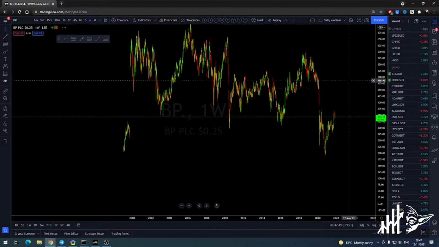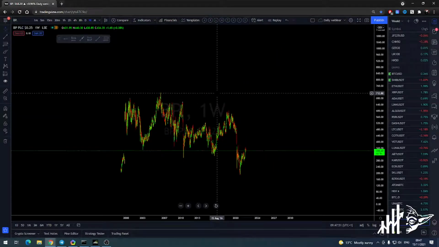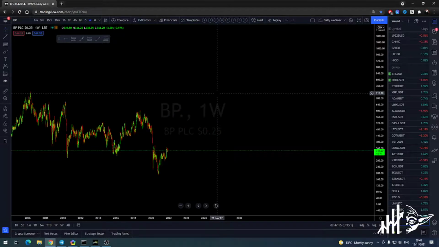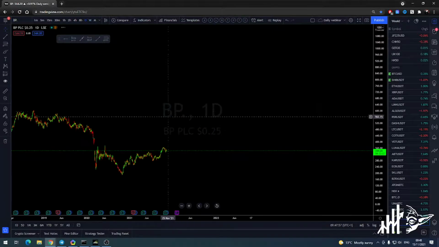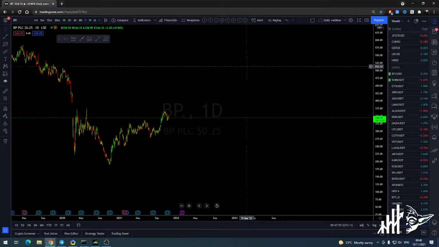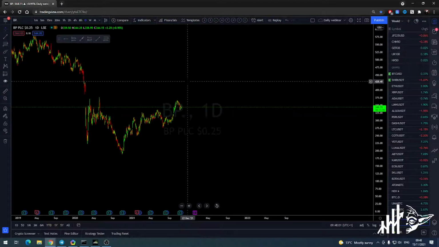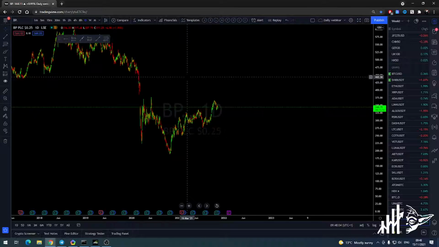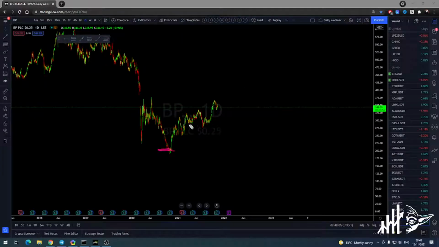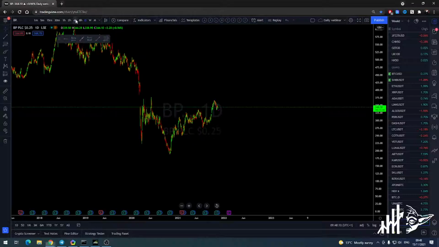What do we have right now? Let's see. Weekly. We made a new low. This is good. And there's a correction. We need one more correction, and then this will continue to the upside.